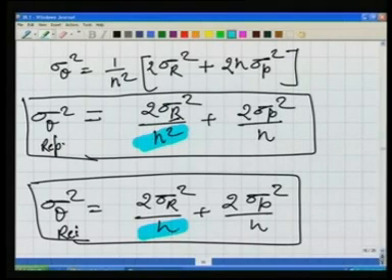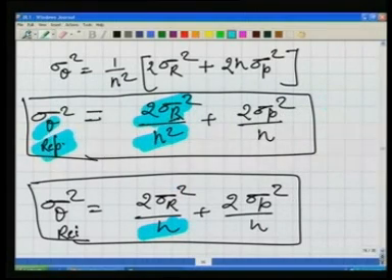What is the meaning of this? The error propagated in theta is less in the case of the repetition because of the reading, because this term is square here and this term is only n. So what does it indicate? This indicates that in the case of the repetition method we are taking very few, or rather only two, readings, the first reading and the last reading.